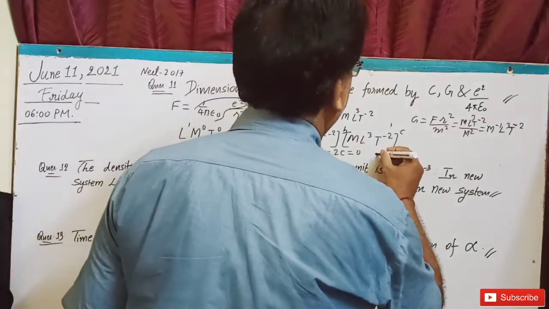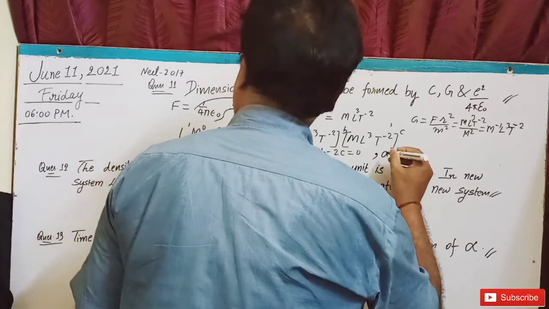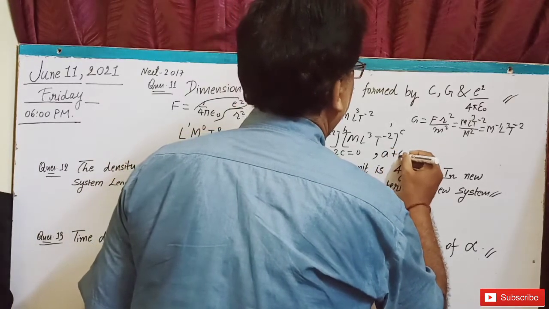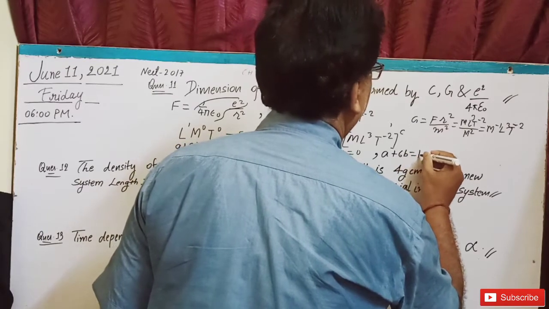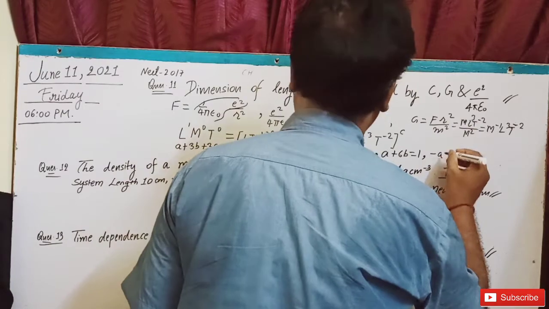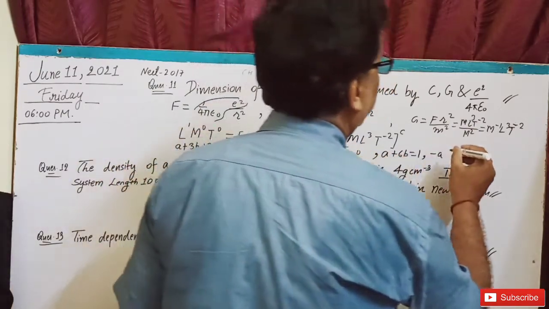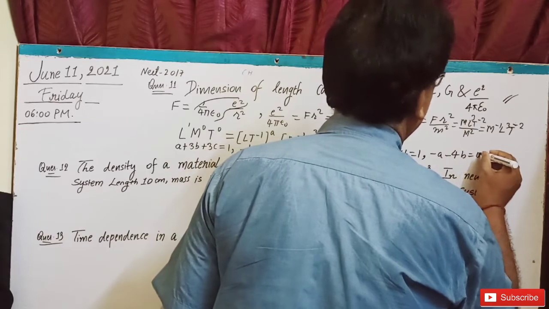We get a plus 6b is equal to 1 and minus a minus 4b is equal to 0.